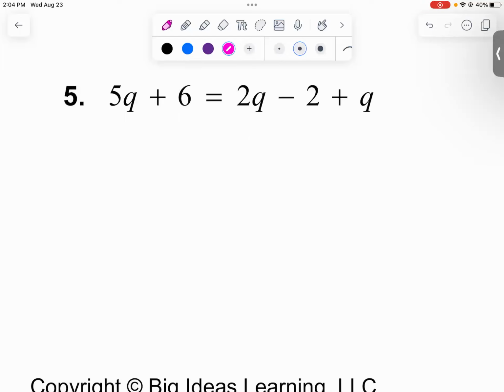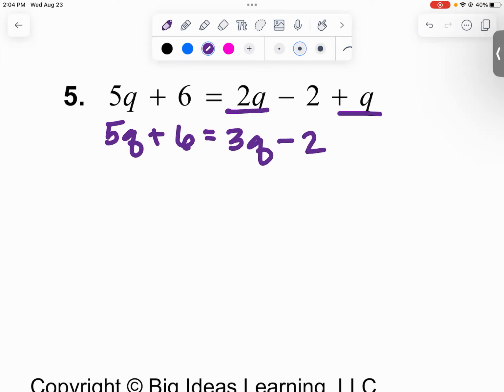It looks like the left side is fine. But over here on the right side, we have 2 different terms with Q's. So we can combine them to be 3Q minus 2.